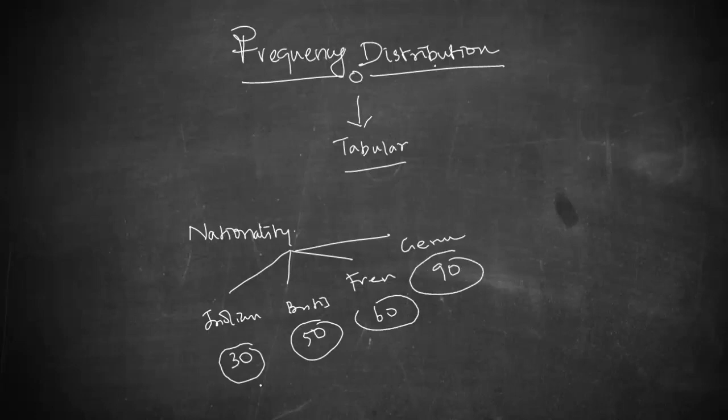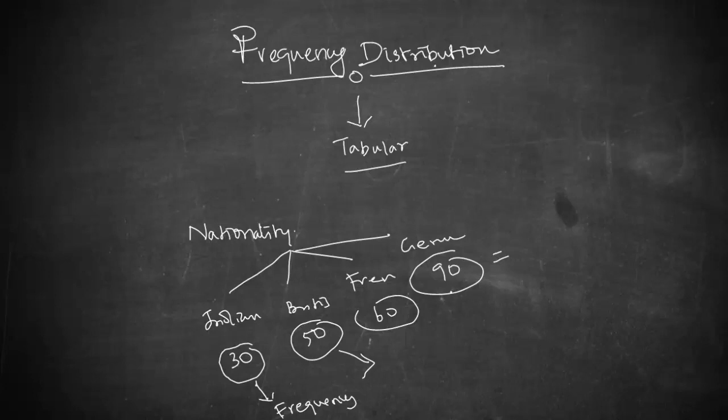So this number which corresponds to the particular class called nationality is called frequency of the class. And frequency distribution is the table that will distribute the total frequency among a number of classes.